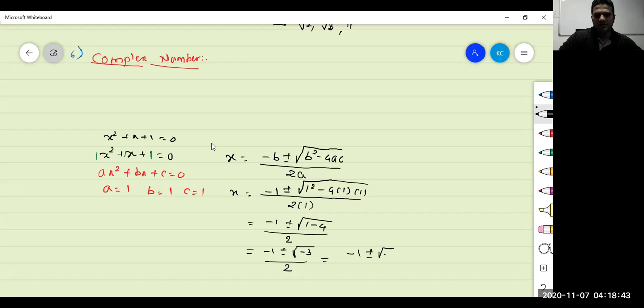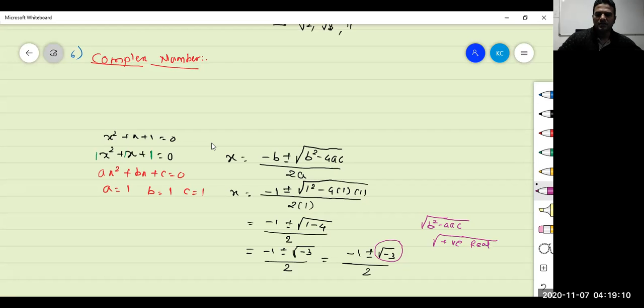In this case, we can see here this number is not a real number. Root of minus 3 is not a real number. How? The root of b square minus 4ac: up till now, up to the 10th, we have seen this as a positive real number.